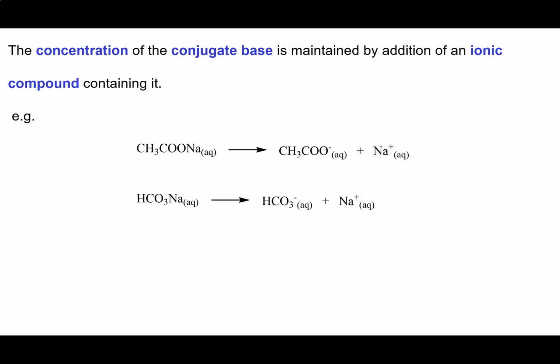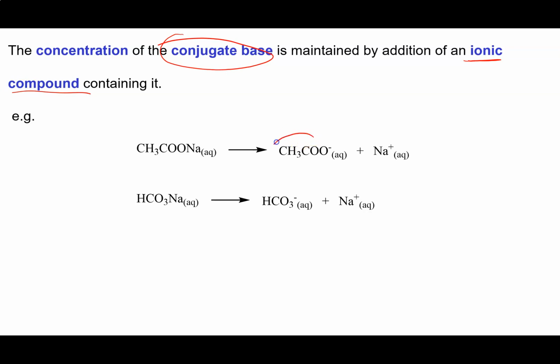So how do we get a significant concentration of the conjugate base? Remembering these are weak acids, they don't like to make a lot of that. What we generally do is add an ionic compound that contains the conjugate base of our weak acid.